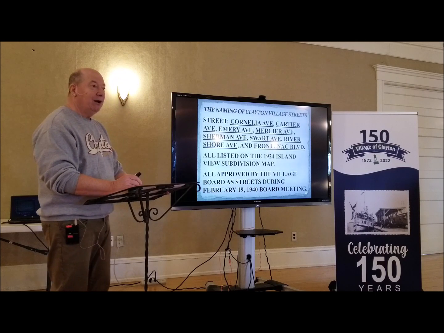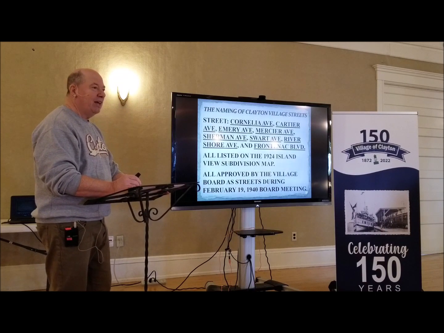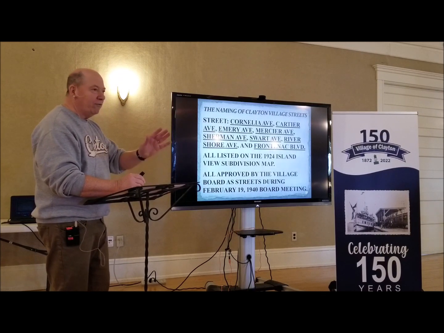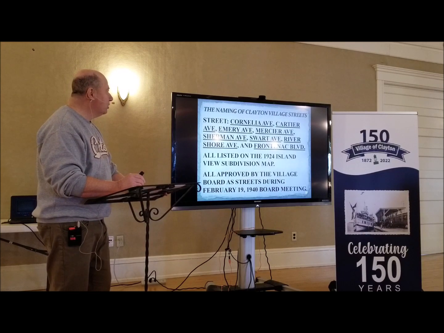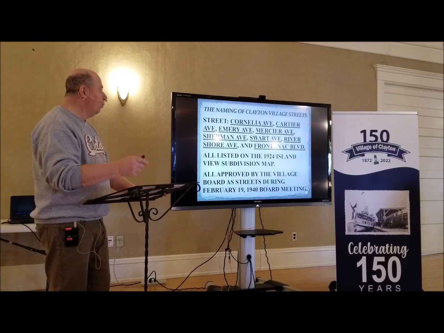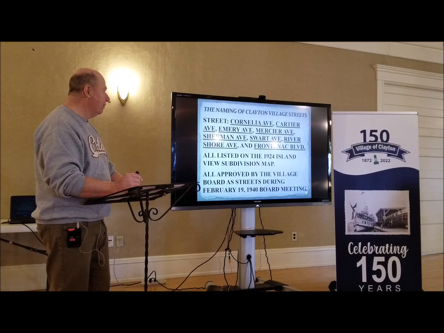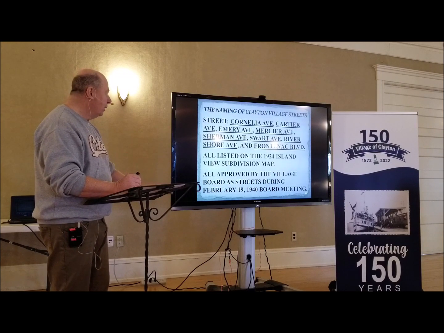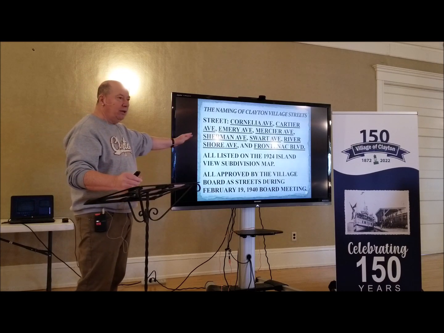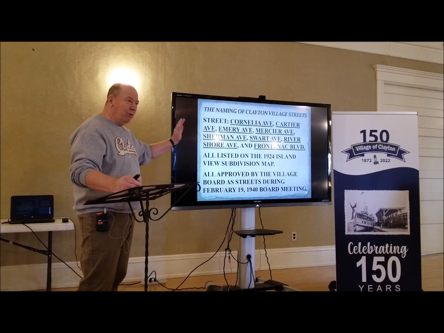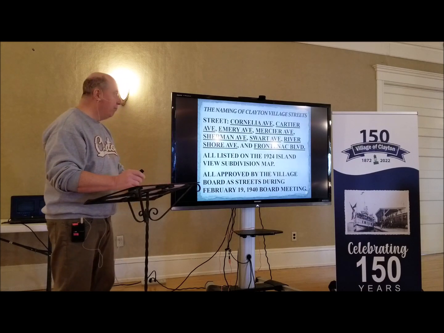Well, they did, and they owned it for 10, 12, 15 years roughly, and then they sold it to other developers within the village, people that lived here. But again in 1940, so from 1924 to 1940, up until that point, these were streets, but they were not village property.